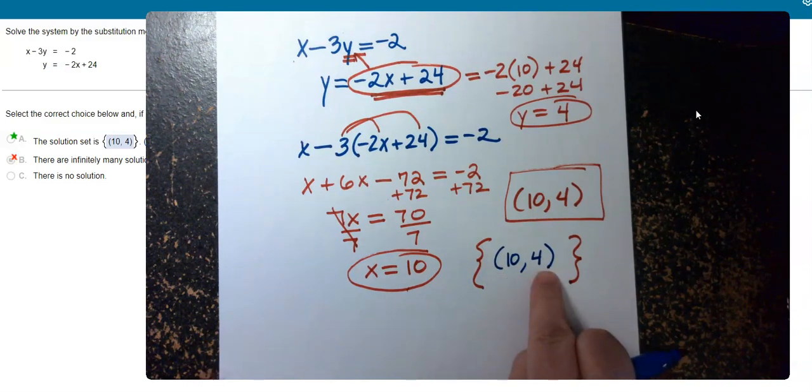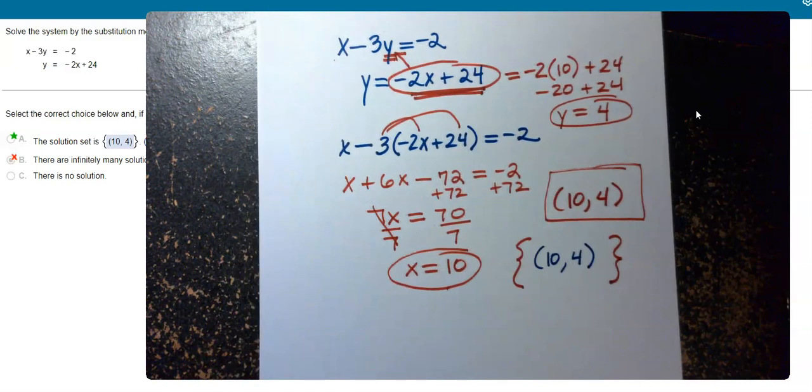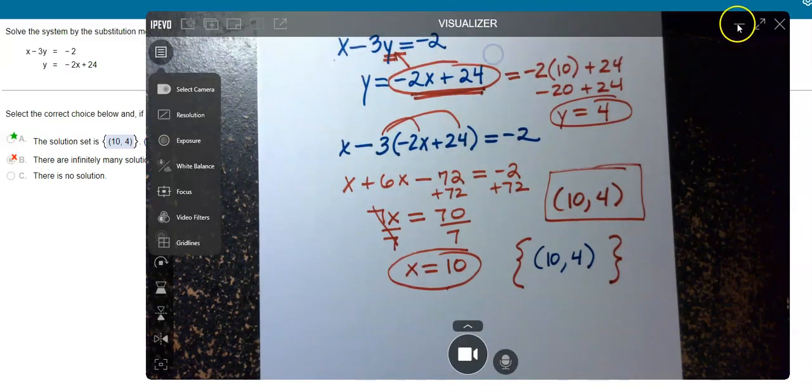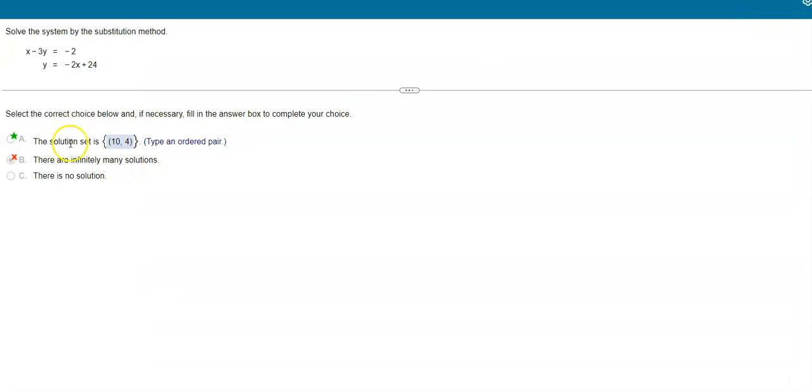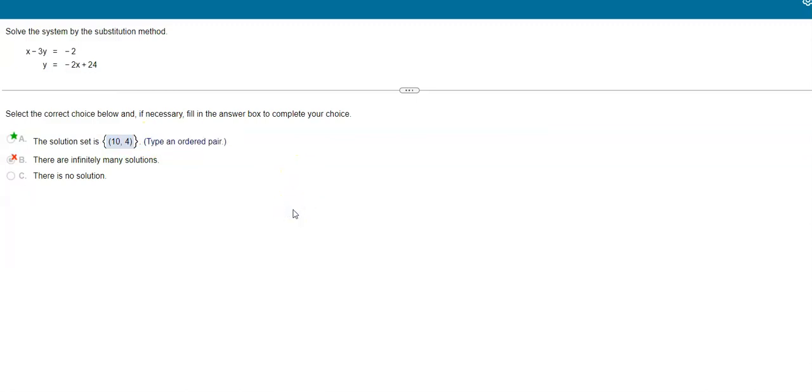An ordered pair always has to have the parentheses. So if you get this one incorrect, very often it can be because of that. Be very careful, if they are wanting you to type it in set notation, which they specifically say, the solution set, and they've got those brackets, and then it says type an ordered pair, the ordered pair also needs to have the parentheses.